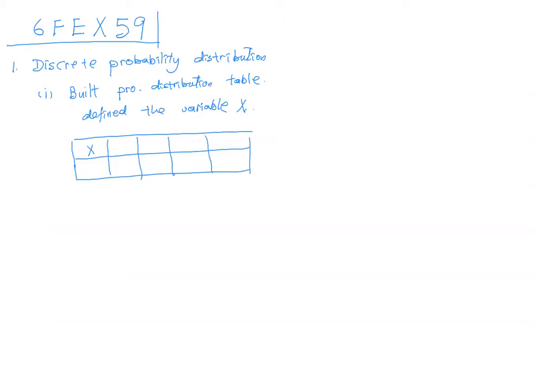Then you have the probabilities. You have your X1, X2, X3, X4, so you have P1, P2, P3, P4. You may have more than that. One very important thing that you have to remember is that your probability Pi, the highest is 1 and the lowest is 0.